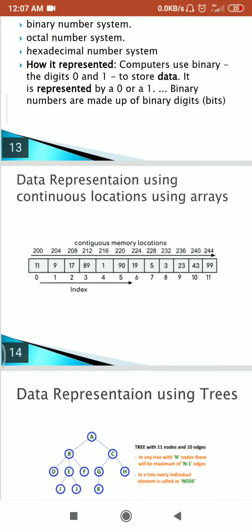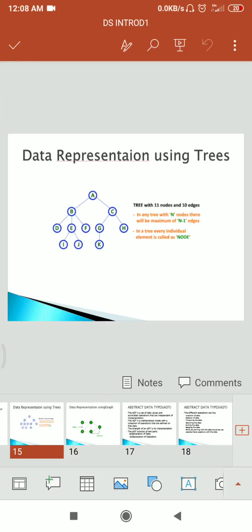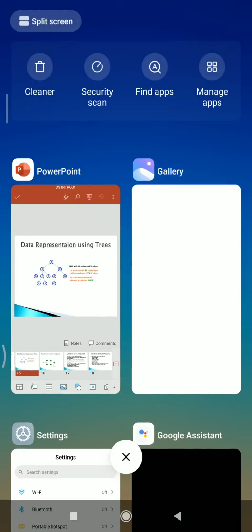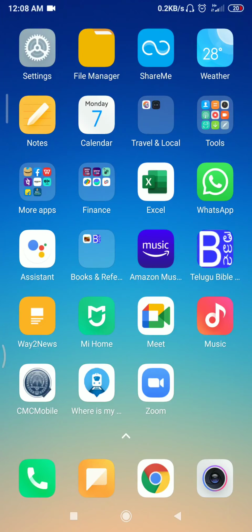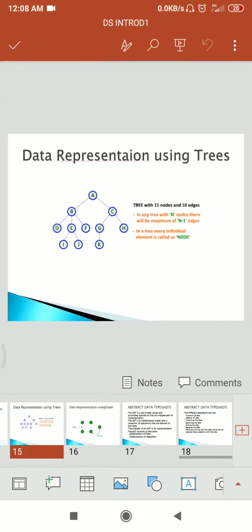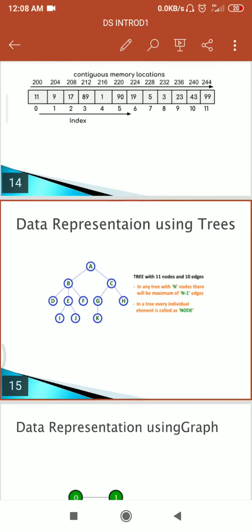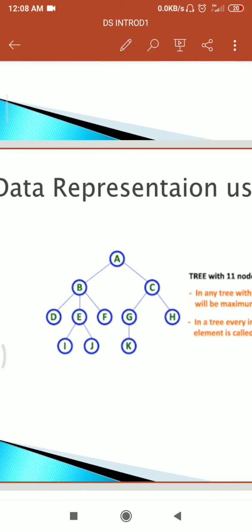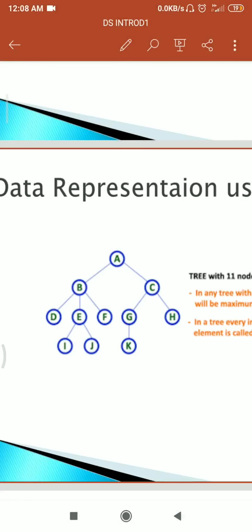One more thing: the data might be stored in the tree fashion. Suppose here are given some alphabetical values A, B, C. These values will be stored in a tree-oriented way, which we will discuss.